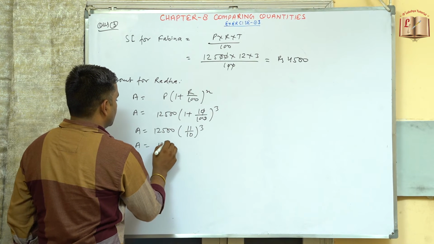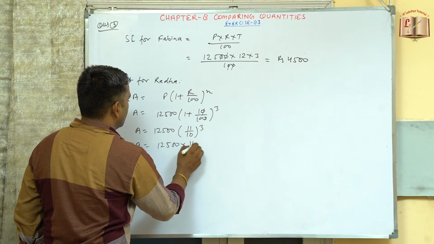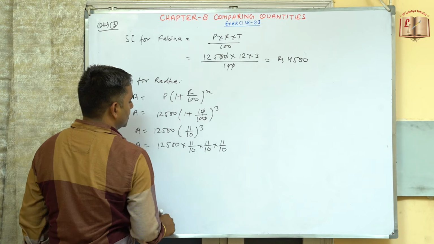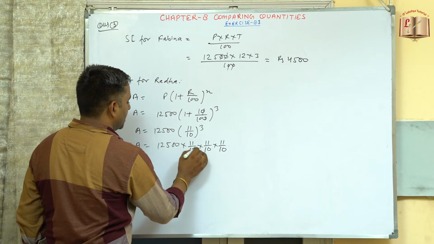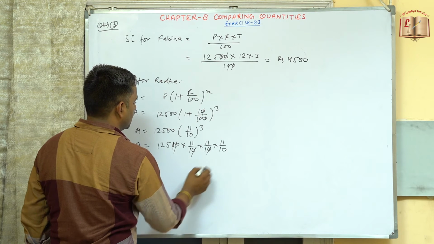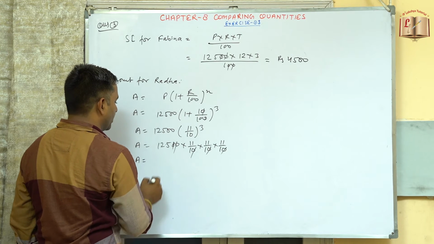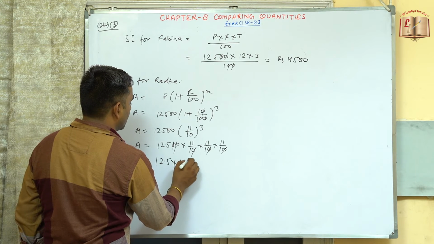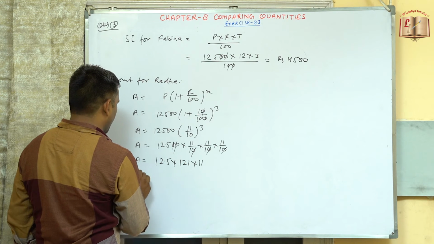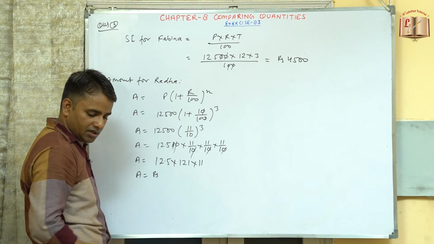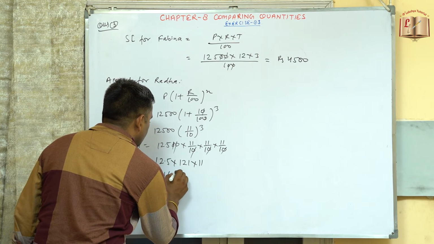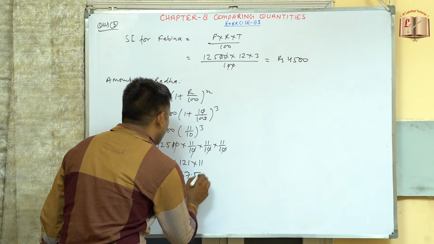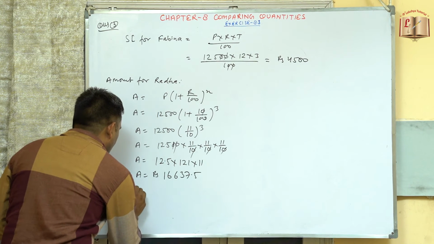So A will be 12,500 into 11 by 10 into 11 by 10 into 11 by 10. Now we can simplify it, the zeros cancel, and we can put a decimal point here. So this will be 12.5 into 121 into 11. So A comes out to be 16,637.5 rupees.